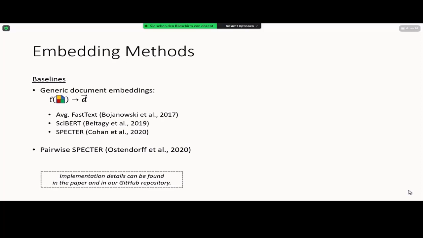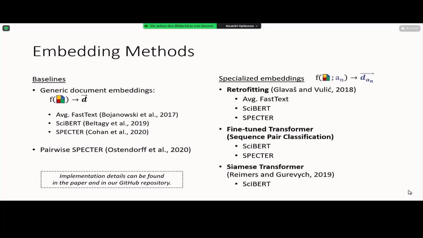And we compare these methods to specialized embeddings. So here we have our specialized embedding function where you put in the document and the aspect, and you get the aspect-specific embeddings. And there we have one retrofitting method combined with the generic embeddings from before.